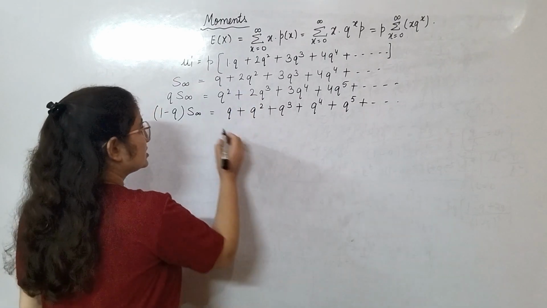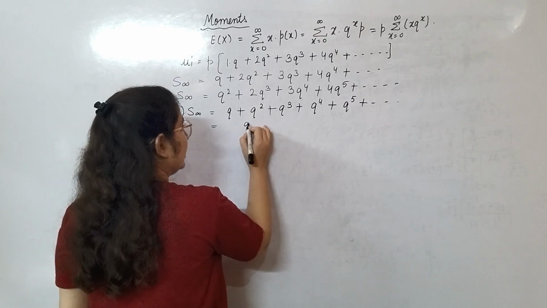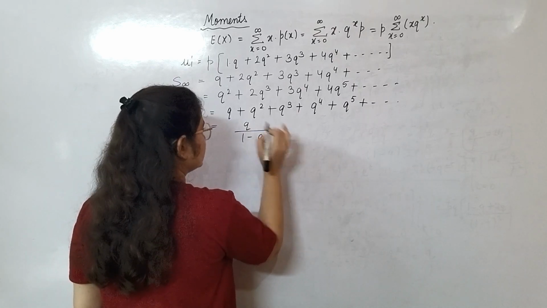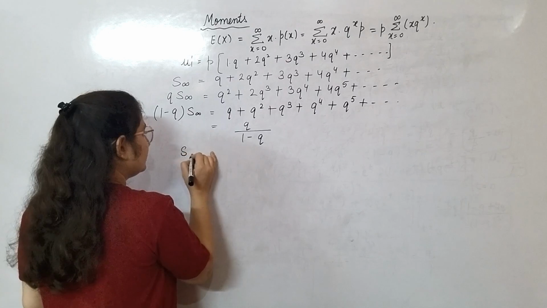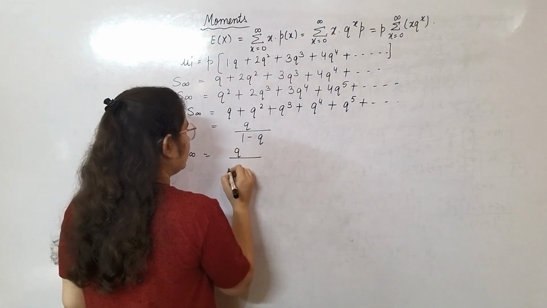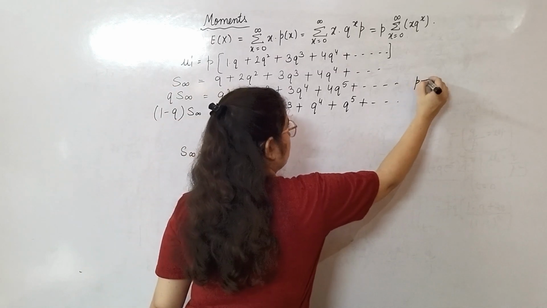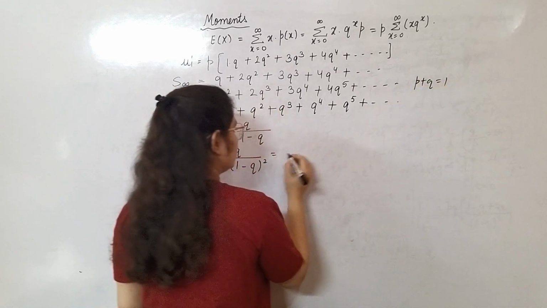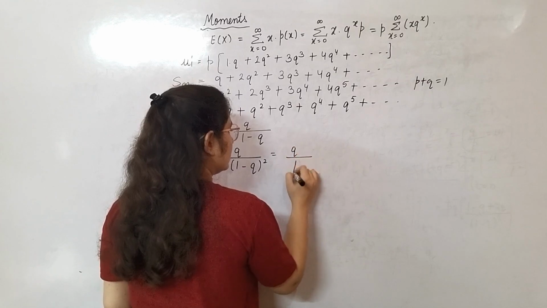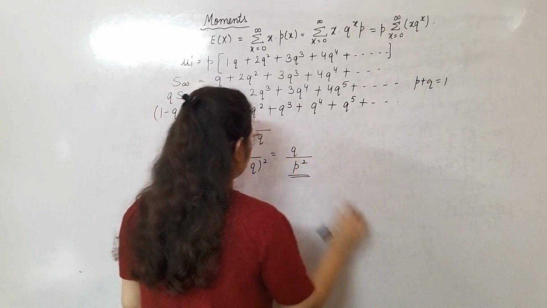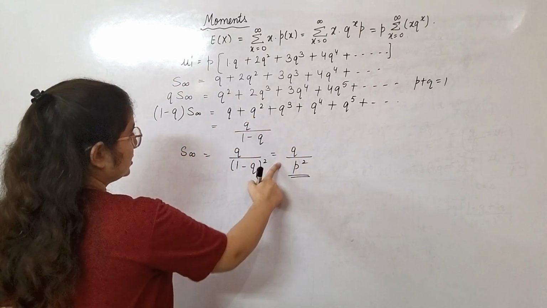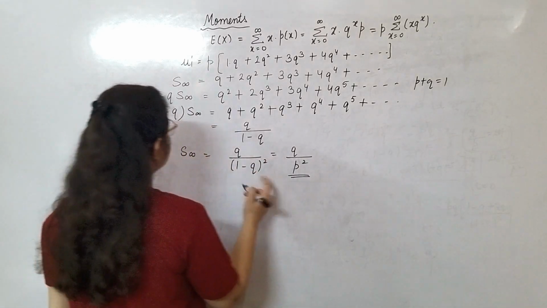How will you find the sum? Sum is a by 1 minus r. So S infinity is equal to q by (1 minus q) whole square. P plus Q is equal to 1, so here you have q by p square. This is the value of S infinity.